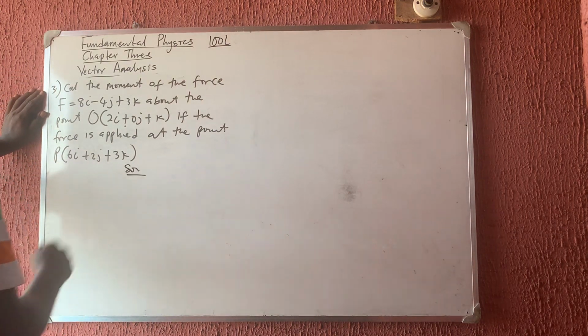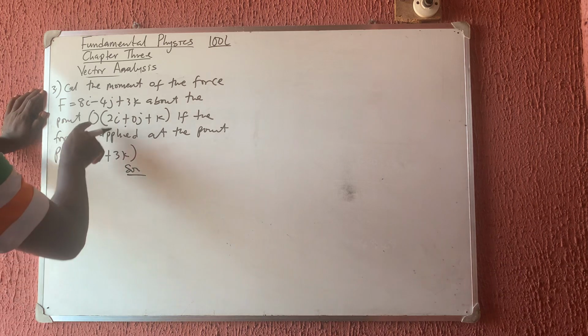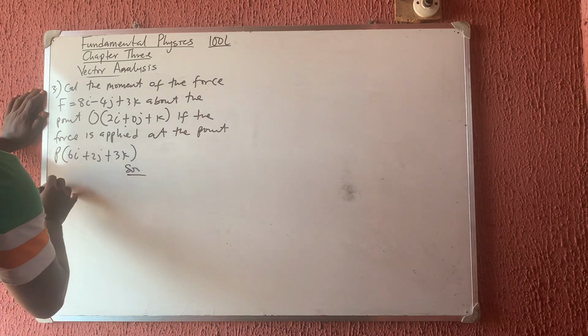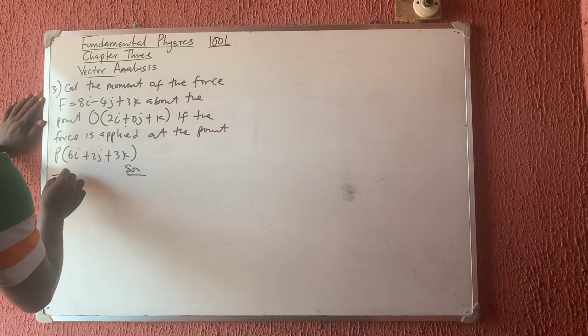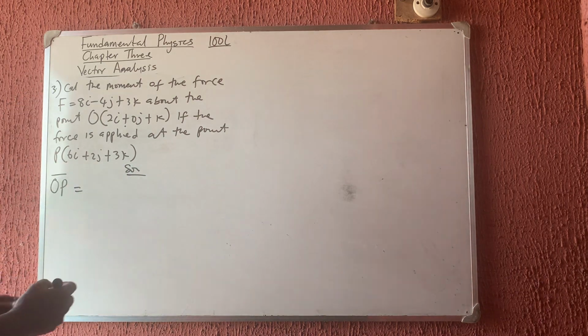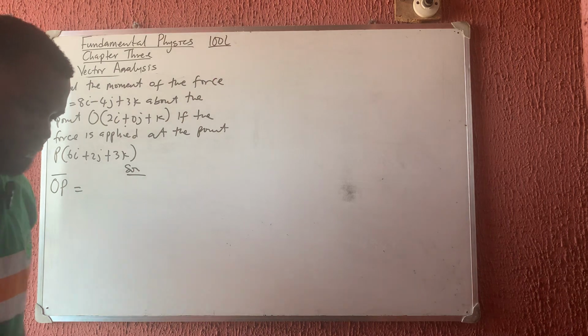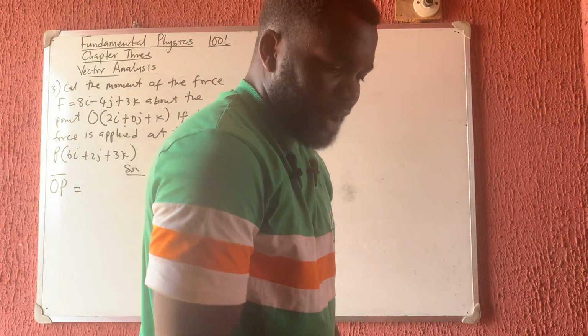So solution. First of all, we need to get the distance from the origin O to point P. The distance is from OP. That is, I started from 2 and moved to 5, so how do you get the distance? 5 minus 2.